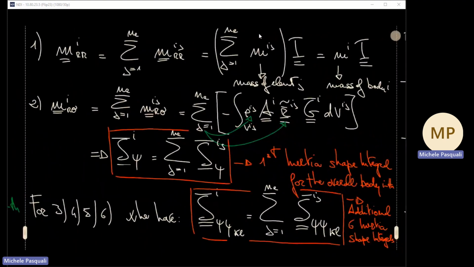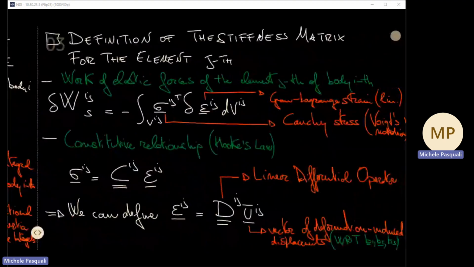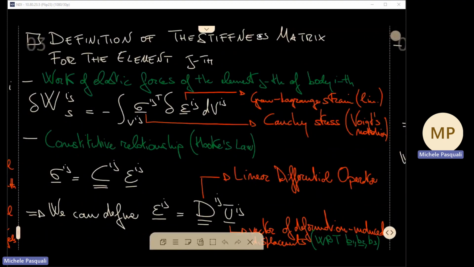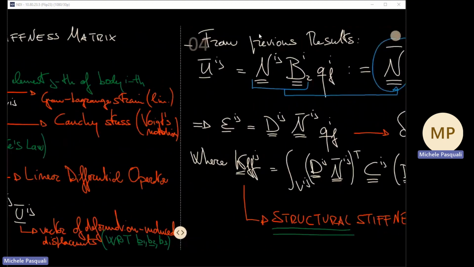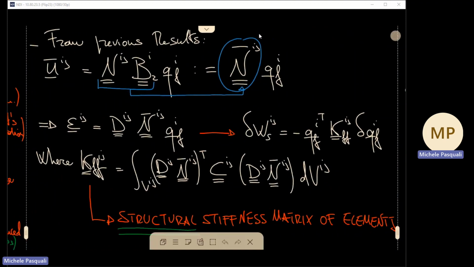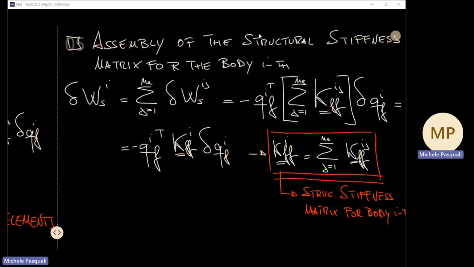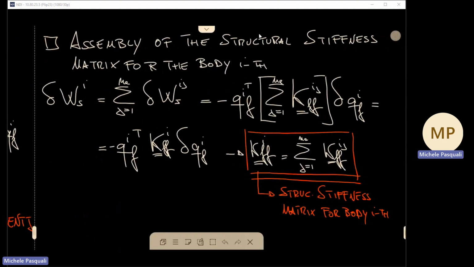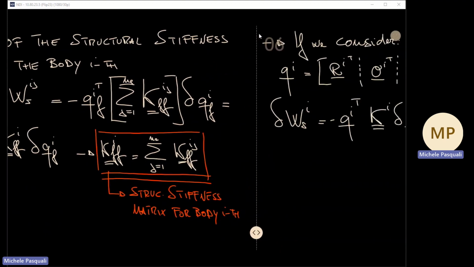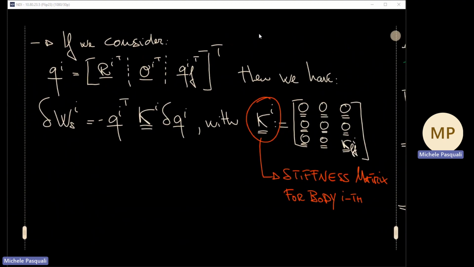Basically, last time we started off from the assembly of the mass matrix of the overall body, then we moved to the stiffness matrix, first the structural stiffness matrix, and eventually to the overall stiffness matrix of the body.